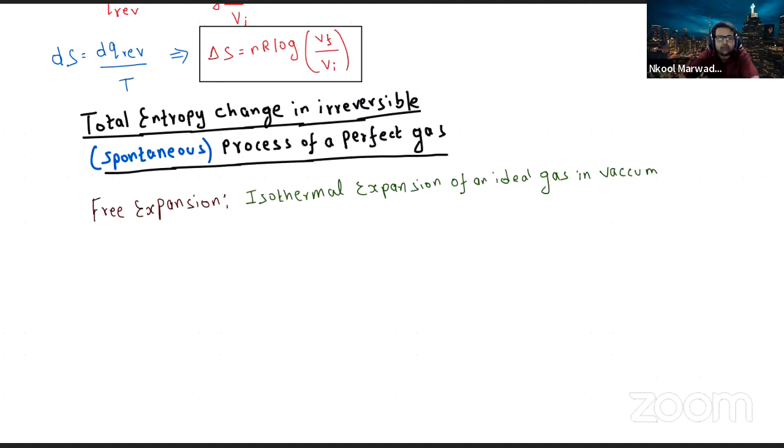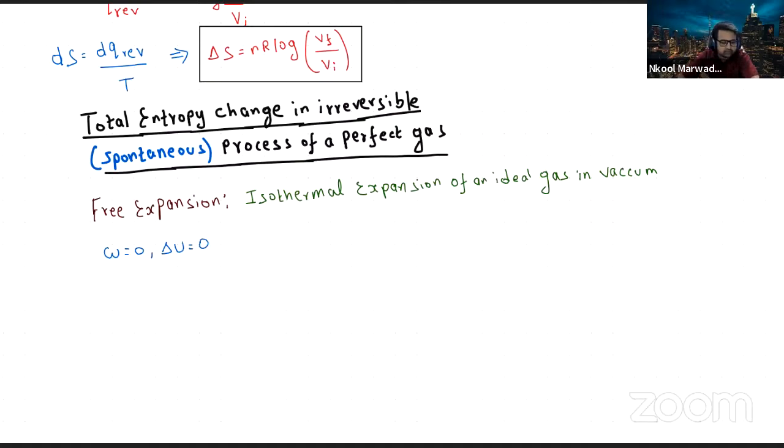In that scenario, work done will be zero: no external pressure, no force needs to be applied. Since it's an isothermal expansion, delta U will be zero, as temperature is constant and there is no change in internal energy.